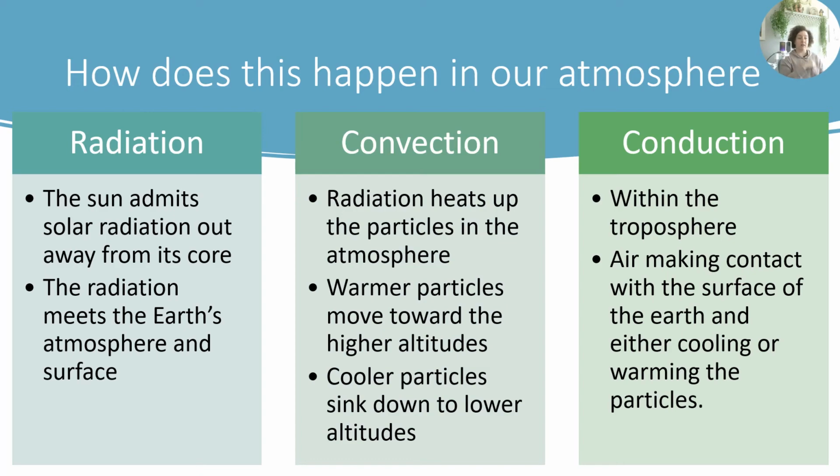As we learned in the last video, as you increase in altitude in our troposphere, you decrease in temperature. So these warm particles go up towards the colder top end of our troposphere, start to cool down and sink. And then we just keep that rotation. That is how our air is circulating within our atmosphere. We have to have the radiation that heats up the atmosphere, and then it goes into that convection, or that circulating.